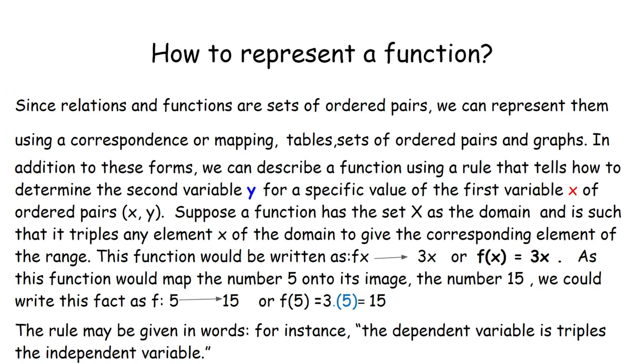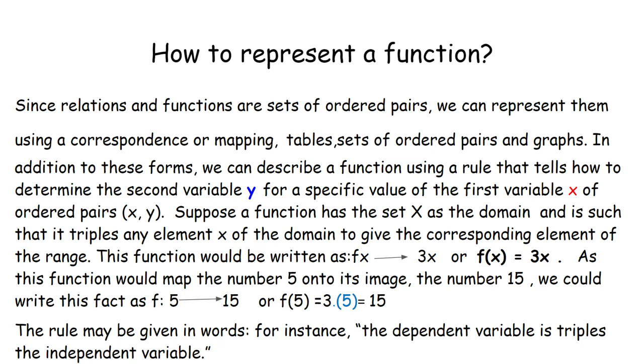How to represent a function? Since relations and functions are sets of ordered pairs, we can represent them using a correspondence or mapping, tables, sets of ordered pairs, and graphs. In addition to these forms, we can describe a function using a rule that tells how to determine the second variable y for a specific value of the first variable x of the ordered pair (x, y).